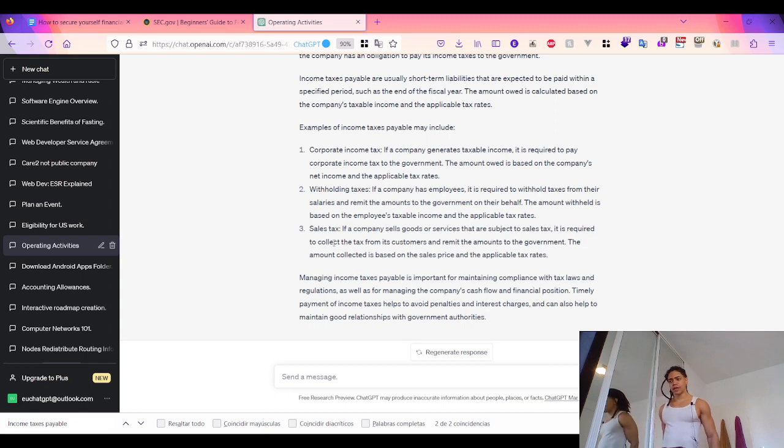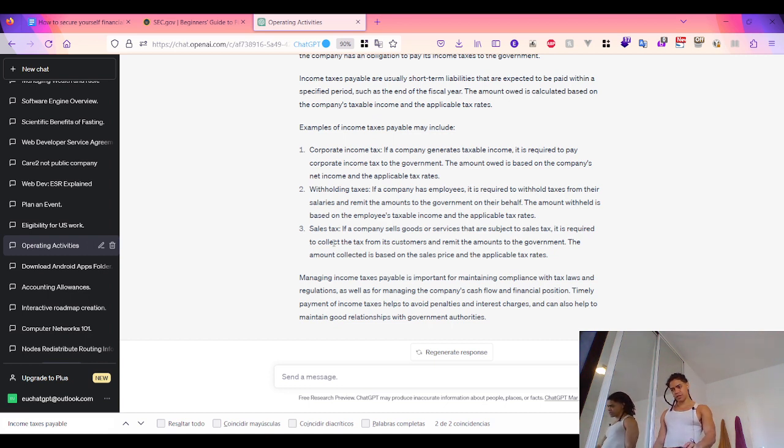Okay, you have corporate income tax, withholding taxes, sales tax. Managing income taxes payable is important for maintaining compliance with tax law and regulation, as well as for managing the company's cash flow and financial position.